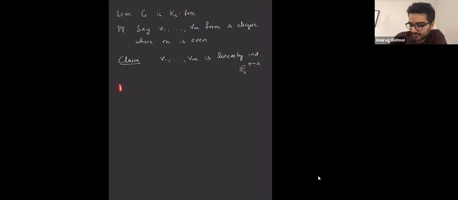Cool. So let's prove that. Say they are not linearly independent. Which just means that you have some linear combination, the sum of alpha i vi for i equal to 1 to m, which is 0, for some coefficients alphas.